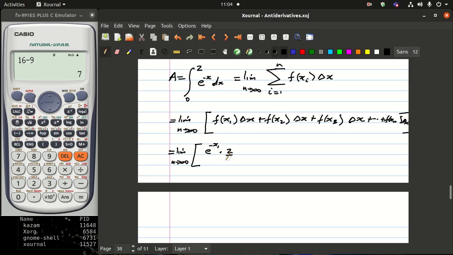It is 2 over n, plus this one is going to be e raised to minus x2 times delta x, which is 2 over n, plus the third one, of course, is going to be e raised to minus x3 times 2 over n, plus and so on, up until you arrive to e raised to minus xn times 2 over n, which is delta x.